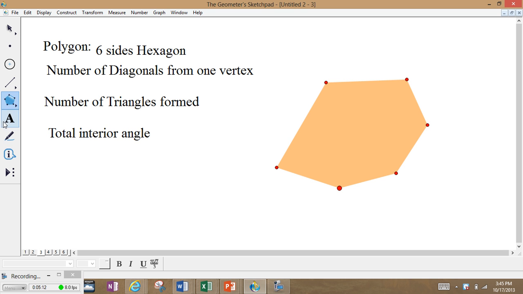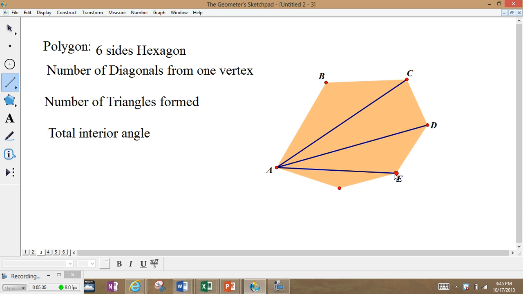There's our hexagon. From each of the vertices, we've got 6 sides. If I want to draw the diagonals, then out of A, I can go to C. That's 1. Out of A, I can go to D. That's 2. Out of A, I can go to E. So that is 3 diagonals.